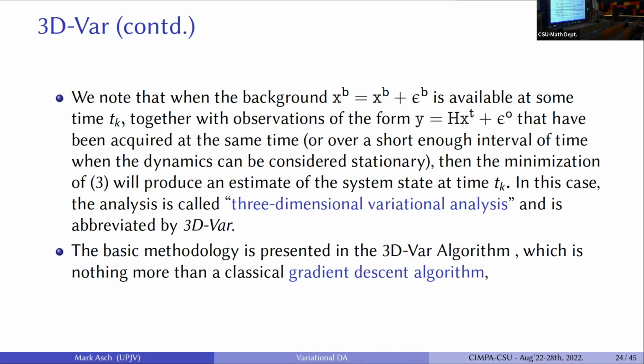I'll show you very quickly at the end, but it's not very simple, but it's a relatively simple generalization of the 3D var to extend it to, you remember in the graph that I showed you at the beginning, the 3D var is just at one point where we consider the dynamics doesn't change very much, because we won't use the dynamics equation directly in the analysis here. So in the analysis we produce an estimate of the system state at time tk, and not over an interval.